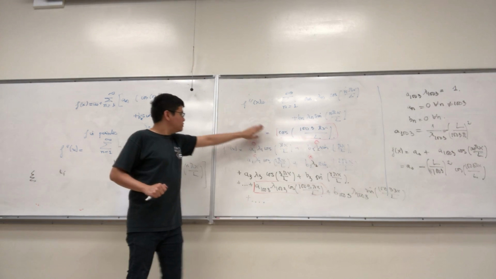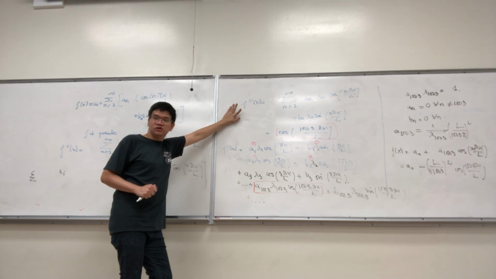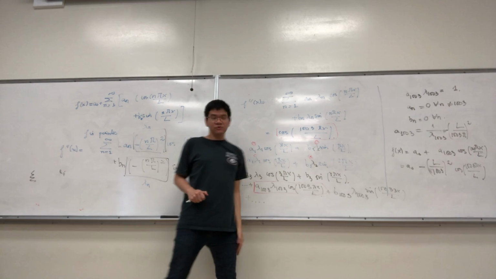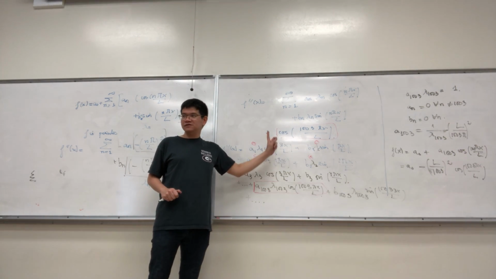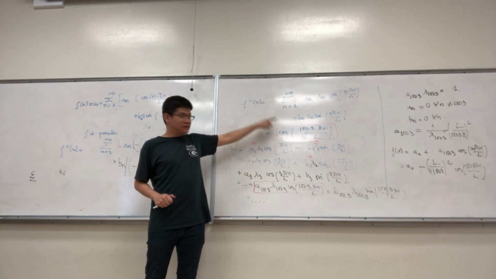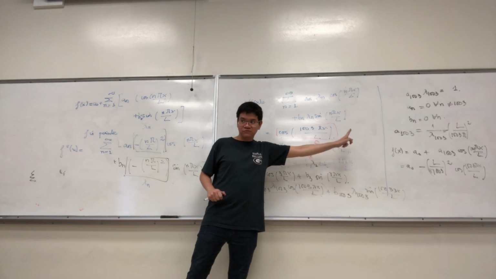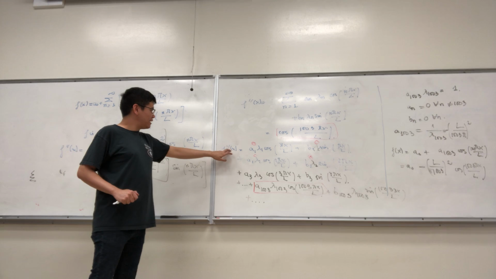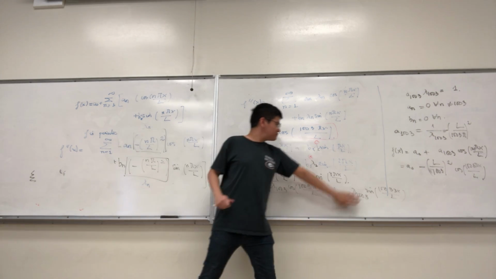And then when you want to find functions whose second derivative is given, what you do is you identify the coefficients. For instance, in this case, f second is cosine of 1003 pi x over L. So I write down f second, which is all of those terms.